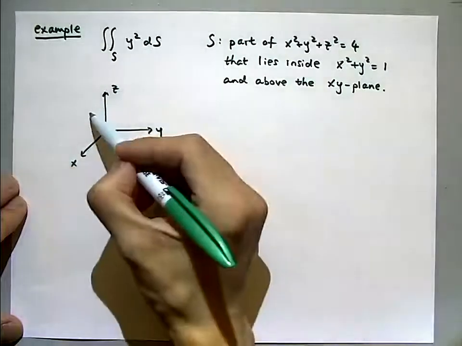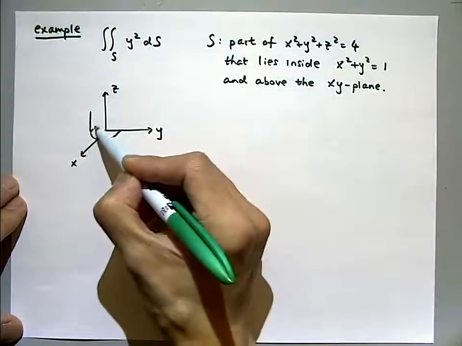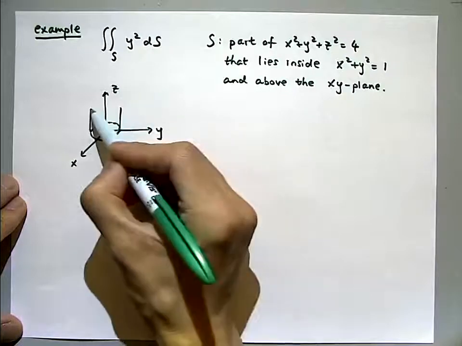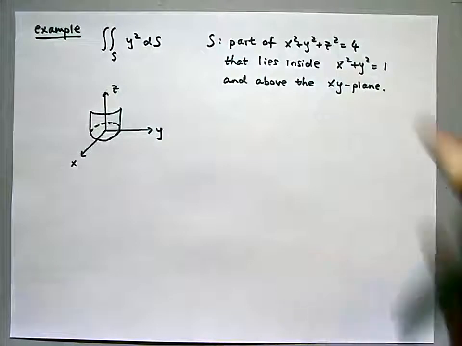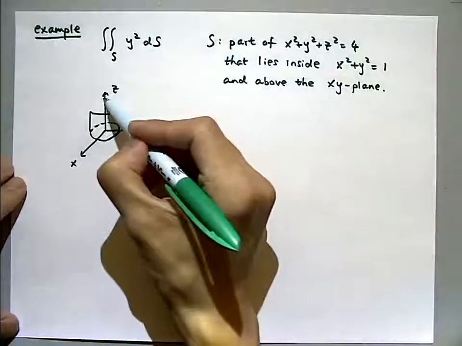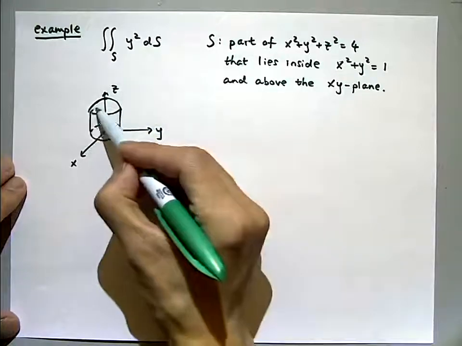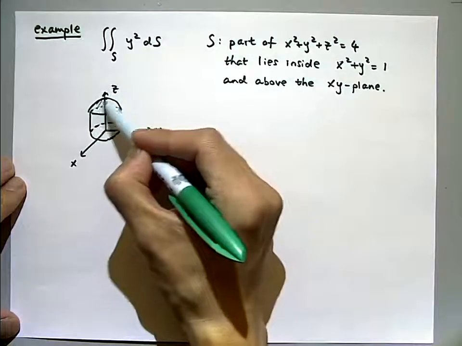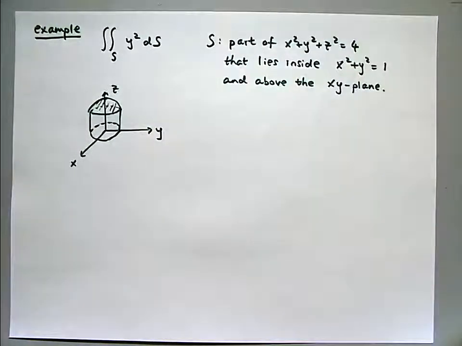Here's my cylinder, radius 1. And then I'm going to cap that with a sphere of radius 2. So there we go, right? It's a cylinder with a spherical cap at the very top.